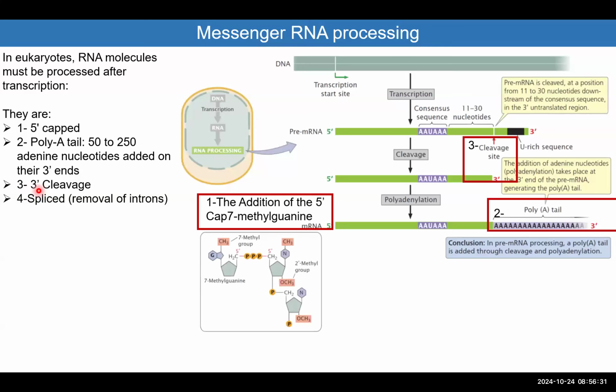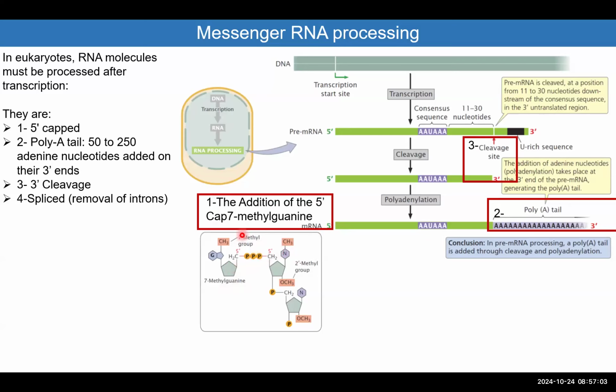So these are the sites. The order could be that cleavage comes first. They are listed here, but not in order. So the cleavage of the 3' end, then the polyadenylation, where you add A at the end of the messenger RNA, and then the capping, which is addition of this methylguanine.